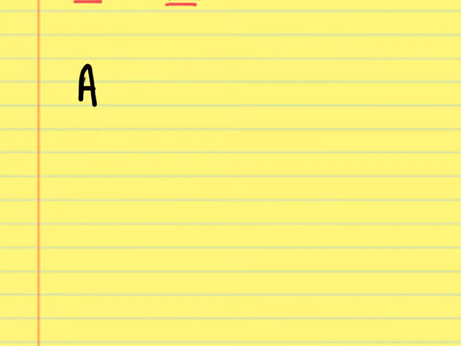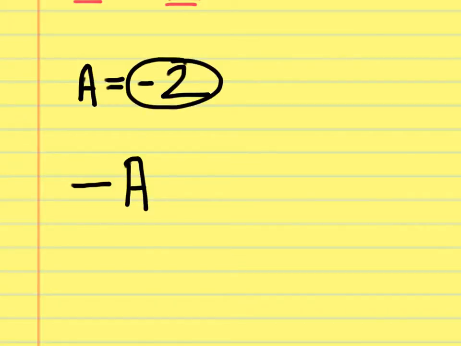If you have a equals negative 2, and in your problem there is a negative a, remember that a is negative 2. So if I'm going to put a negative 2 in for a, express the a as this, negative parentheses. Instead of a variable, write a set of parentheses, and then put in your negative 2.